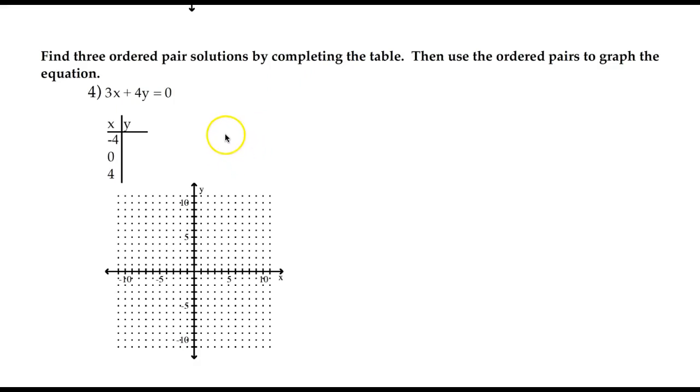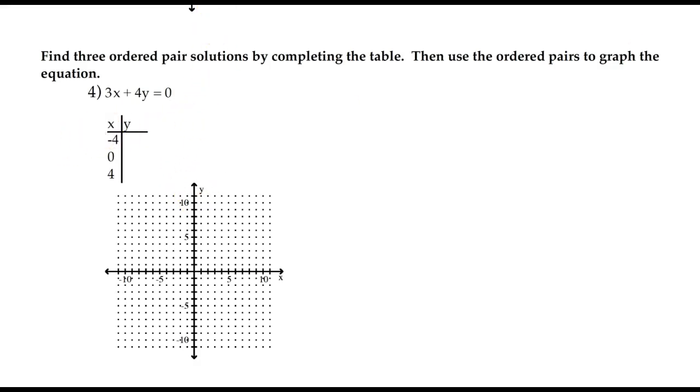All right, so for our next question, we're asked to draw the line of a particular function here, or basically draw this line by having 3 given x values, and we want to find the corresponding y values, plot them all, and then draw the line through those 3 points. Okay.